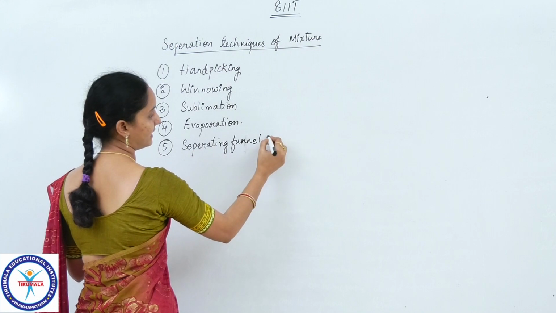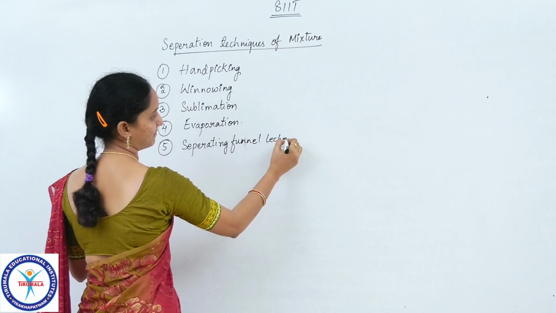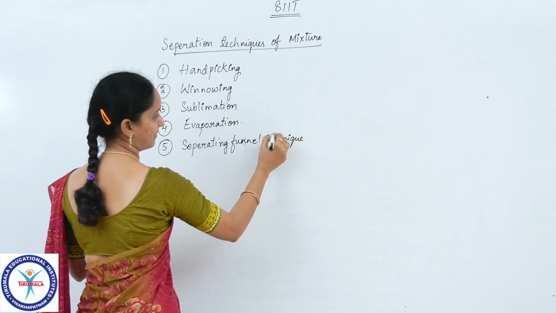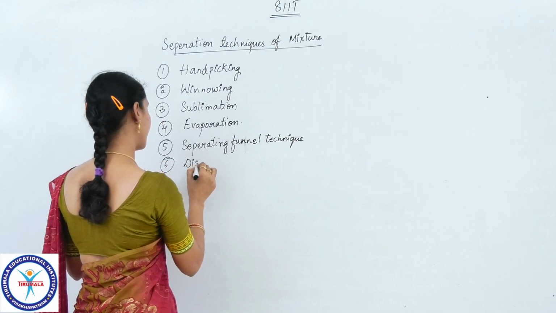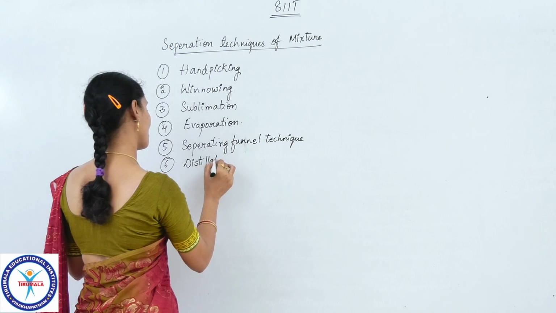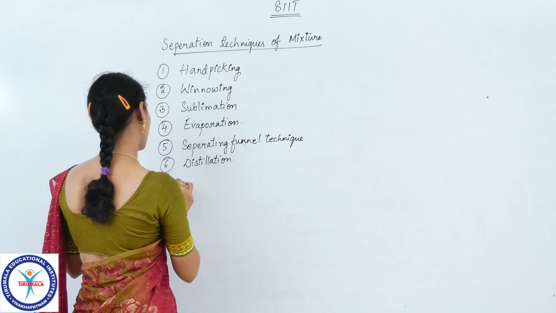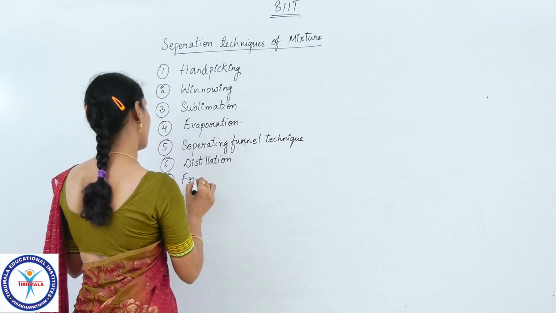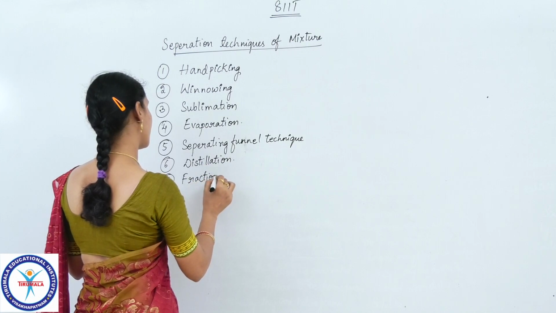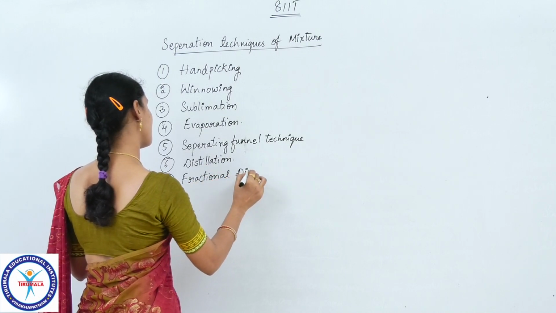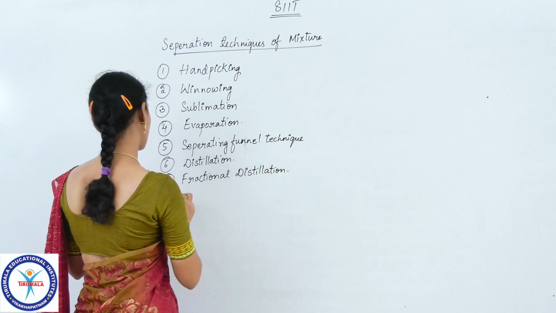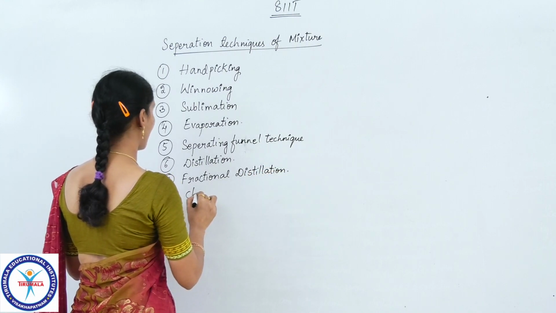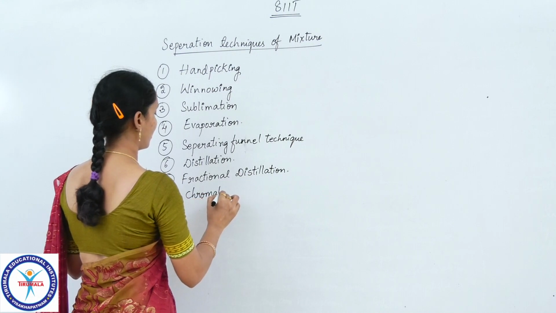Sixth one is distillation. Seventh one is fractional distillation. And the last and most important technique is chromatography.